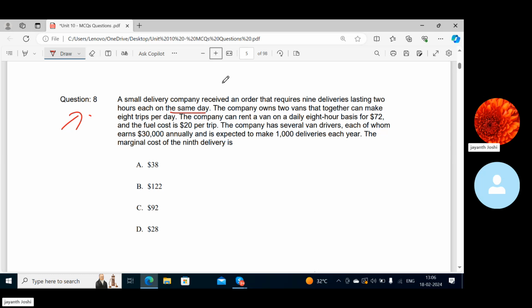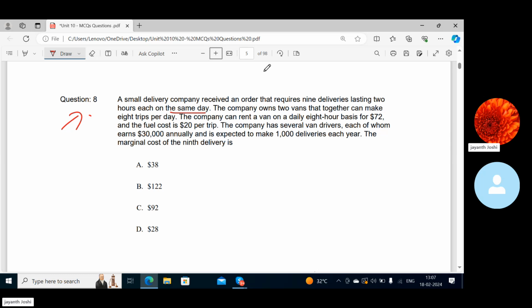The company owns two vans that together can make 8 trips per day. The company can rent a van on a daily 8-hour basis for $72. Fuel cost is $20 per trip. The company has several van drivers, each of whom earns $30,000 annually and is expected to make 1,000 deliveries each year. The marginal cost of the 9th delivery is.